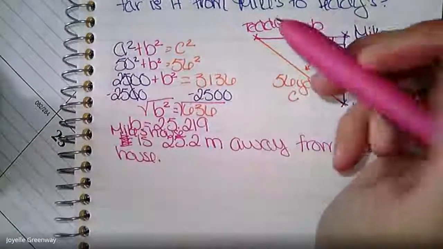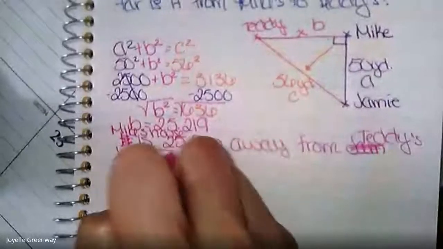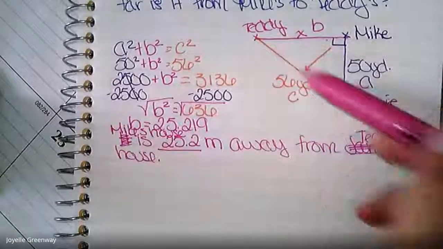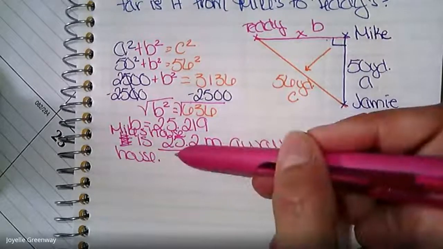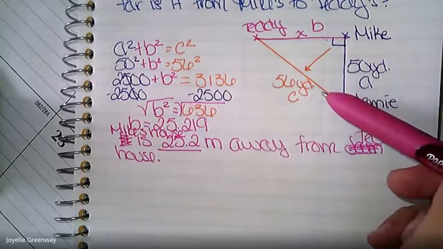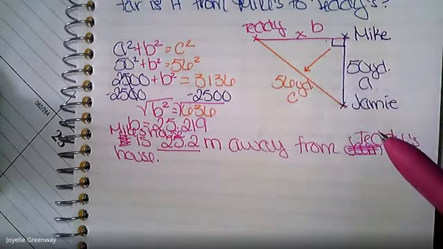And that makes sense, right? Because our longest side needs to be my hypotenuse, and 25.2 is smaller than 56.